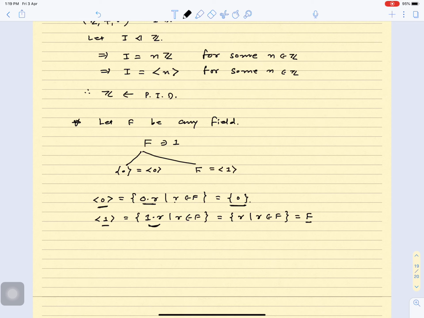So now a field has only two ideals, namely singleton 0 and F, and both are generated by a single element. So both ideals are principal ideals. Therefore F is a PID.